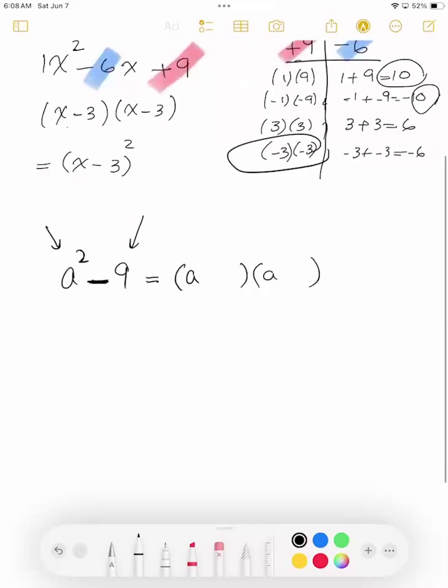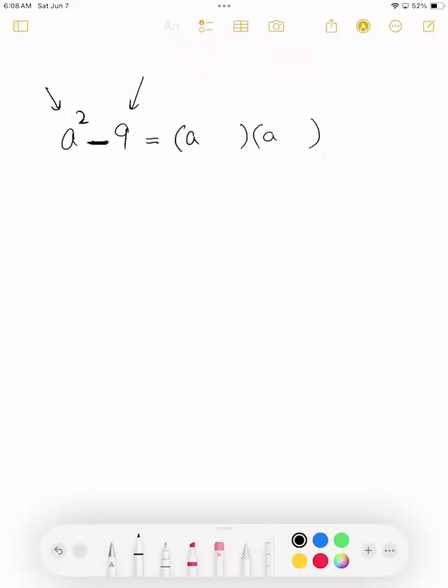I had x to the power 2, I wrote it as x times x. I have a to the power 2, I read it as a times a. And square root of 9 is 3. You put a 3 here and a 3 here. You make one negative and the other positive. If you multiply a by a, I'm just going to show you that these two are the same thing, because a times a is a squared. a times positive 3 is 3a.